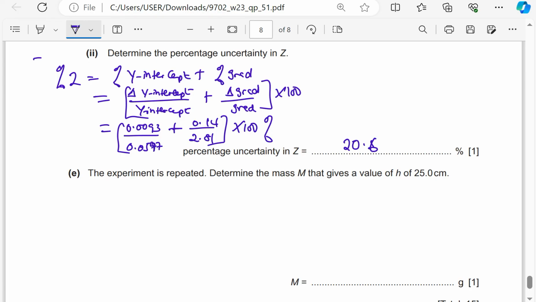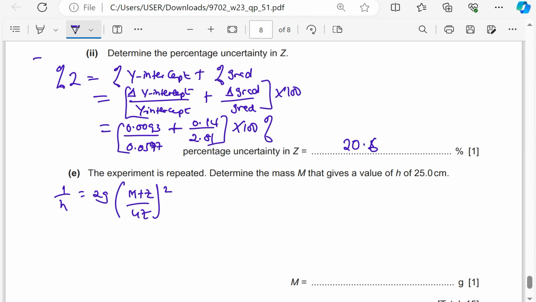Then the experiment is repeated, determine the mass m that gives a value of h of 25 centimeters. So go back to the original equation. It was 1 over h is equal to g into m plus z divided by uz squared.